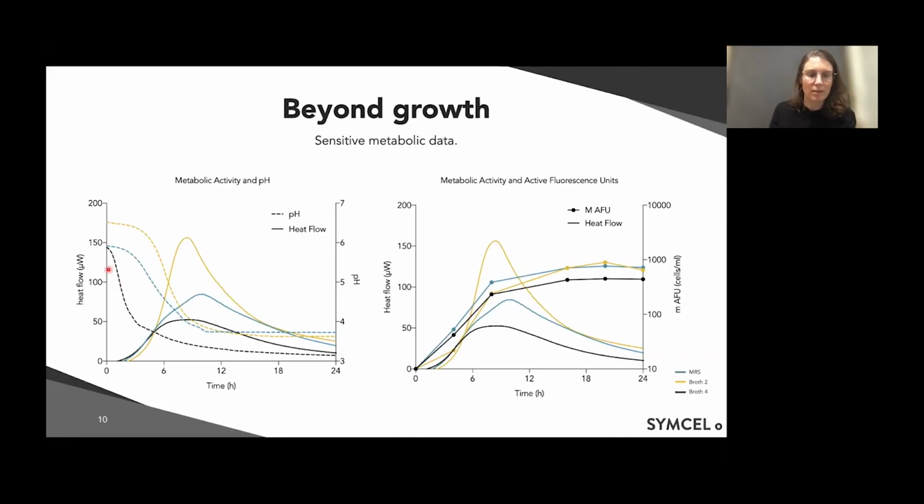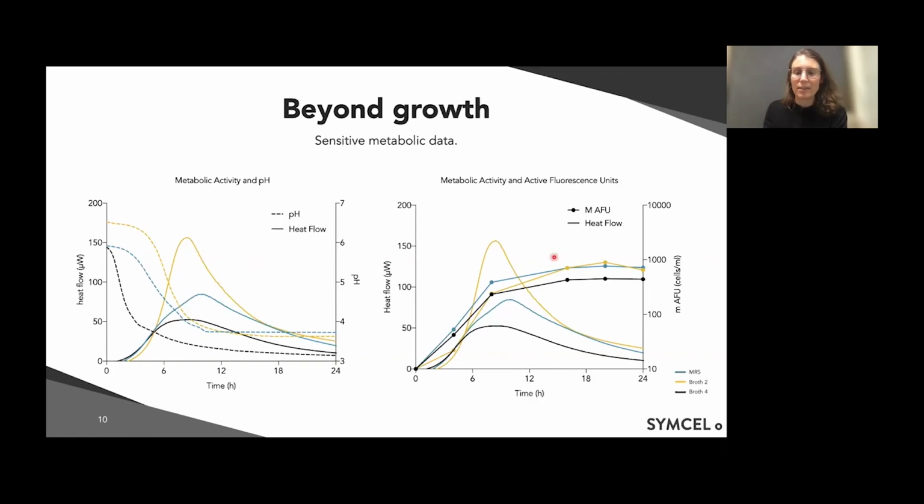And you can see when in medium 4, in broth 4, the pH drops early, also the metabolic activity will reach a much lower peak than when you have a pH drop much later in the growth process, where the maximum metabolic activity reaches much higher. So you can look at the performance of the strains directly with a metabolic activity readout.